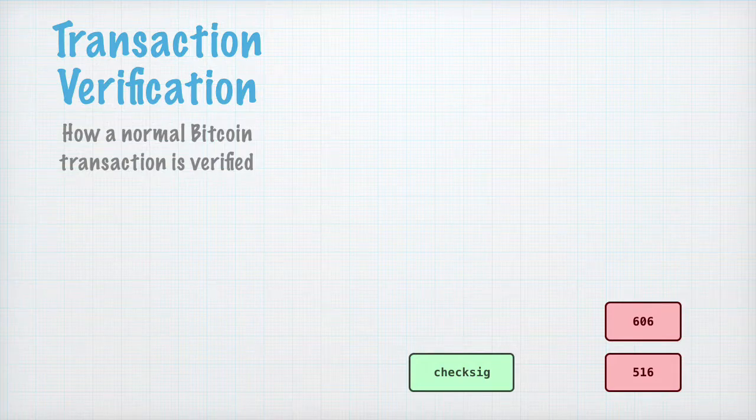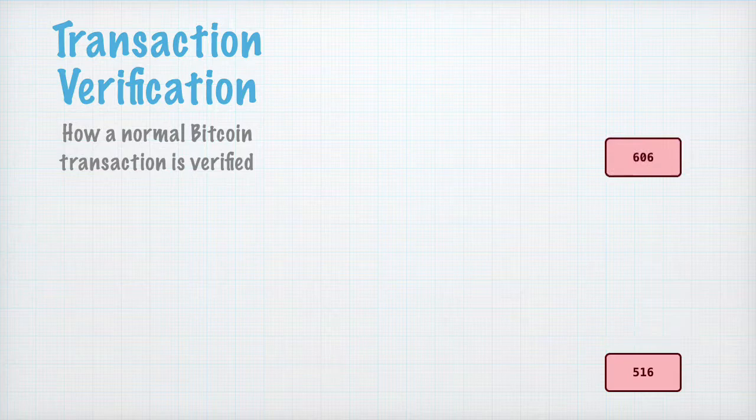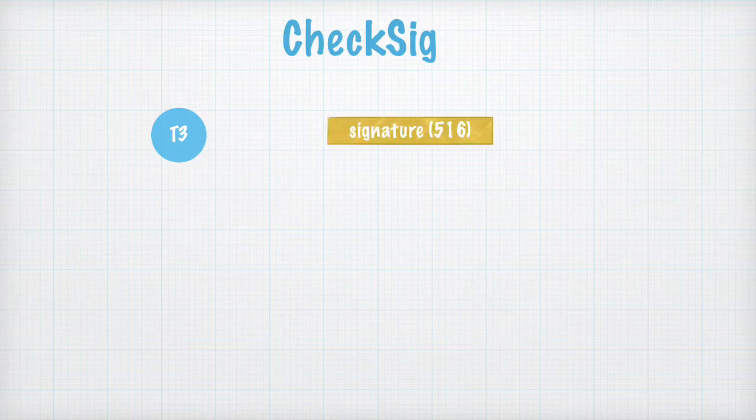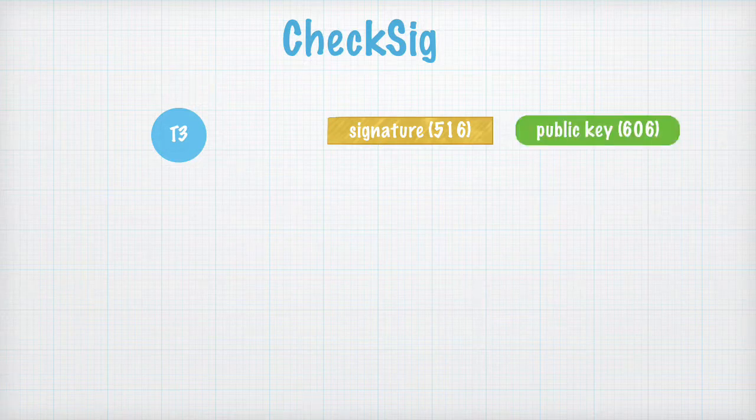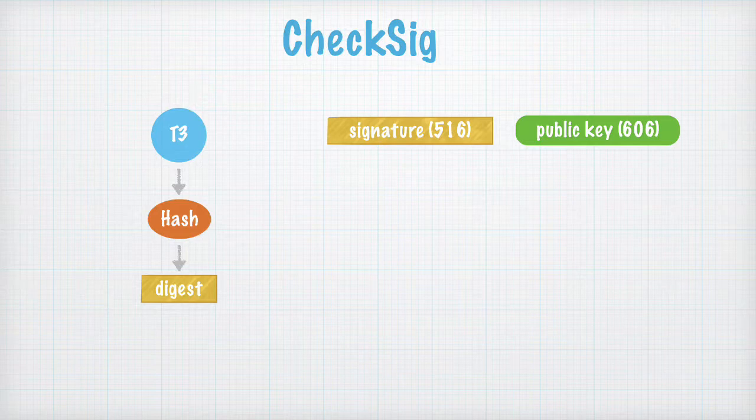That's on the bottom. So I'm going to show you now, when you run checksig, it will take these as arguments. And I'm going to show you a little bit more in detail how that works. Checksig takes several arguments, not just these ones. The first one is the transaction itself, T3. And then, what we saw, we got from the stack: the signature and the public key. So what happens is that you take the transaction and hash it, and you get a digest.